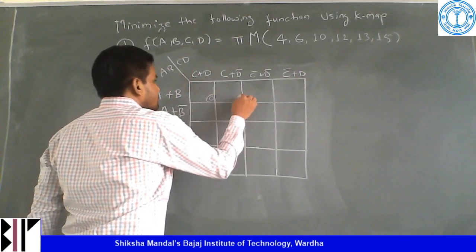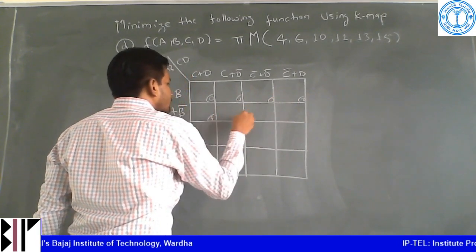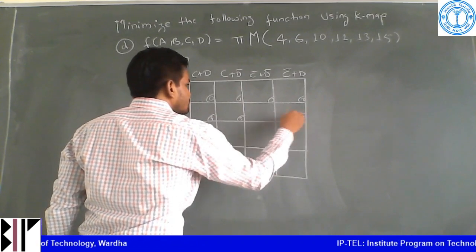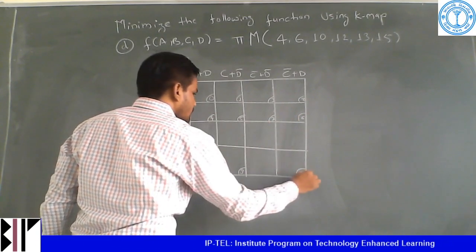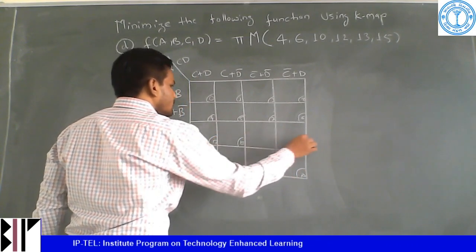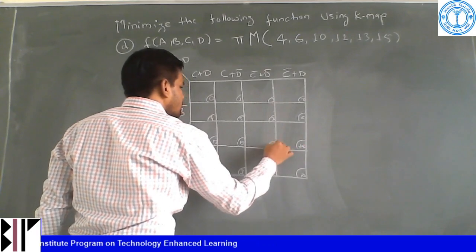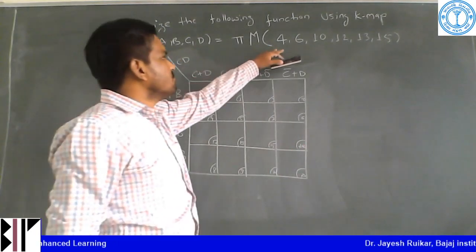Cell numbers are the same: 0, 1, 2, 3, 4, 5, 6, 7, 8, 9, 10, 11, 12, 13, 14 and 15. Now for each appropriate max term, we have to write 0.